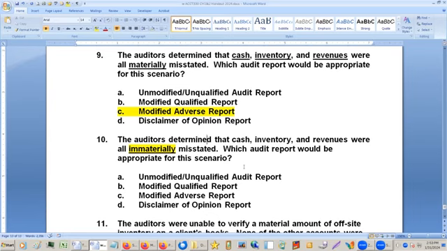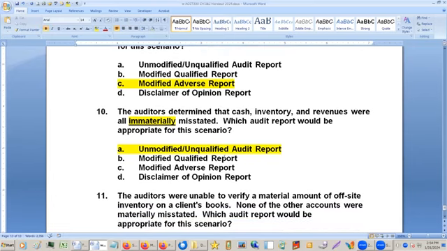Not enough to make a difference to anyone. A? Yep, that'd probably be A. So we don't say the financial statements are not misstated. We simply say they're not materially misstated. So if they're immaterially misstated, which quite honestly most statements are, they get an unmodified or unqualified report.